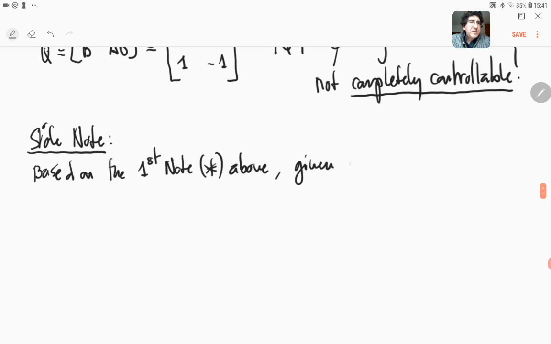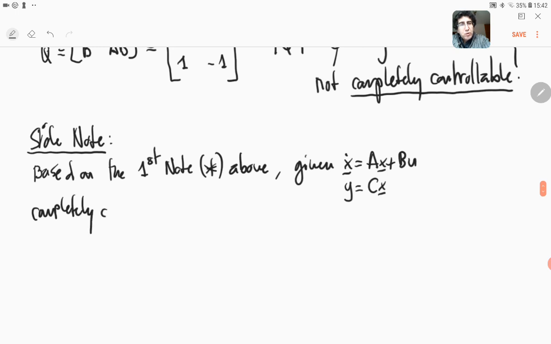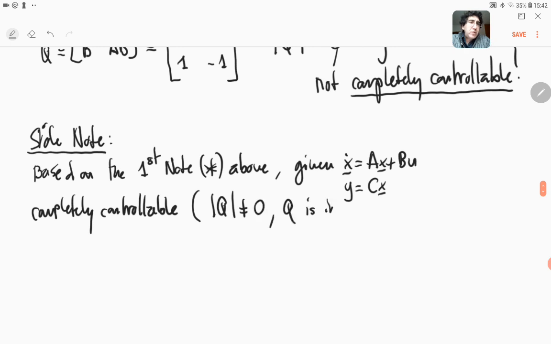Given a system representation, x dot equals Ax plus Bu, y is equal to Cx, which is completely controllable, meaning that we have determinant of Q non-zero, therefore Q is invertible.